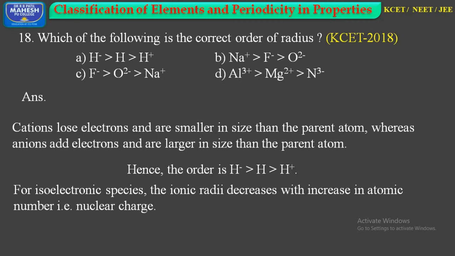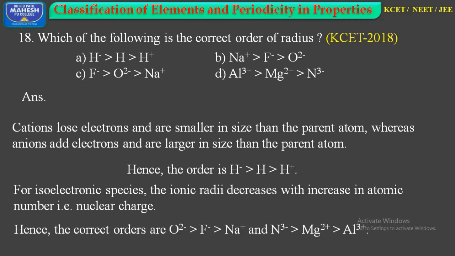Effective nuclear charge gets increased, which brings about a decrease in atomic size in case of isoelectronic species, and hence the correct order is oxide anion with a larger radius compared to fluoride, and fluoride relatively larger radius when compared to sodium cation, because all these three, oxide, fluoride and sodium cation, form isoelectronic species. Whereas students, if we compare nitride, nitrogen atomic number 7 by gaining 3 electrons, the total number of electrons is 10.